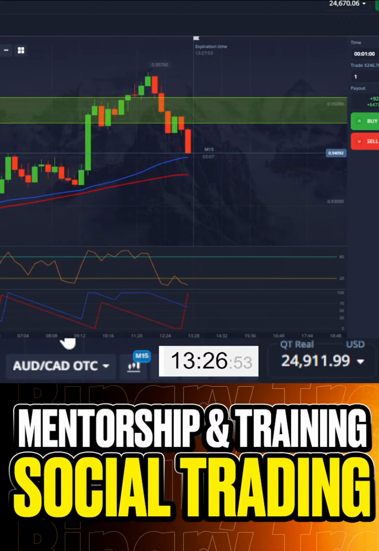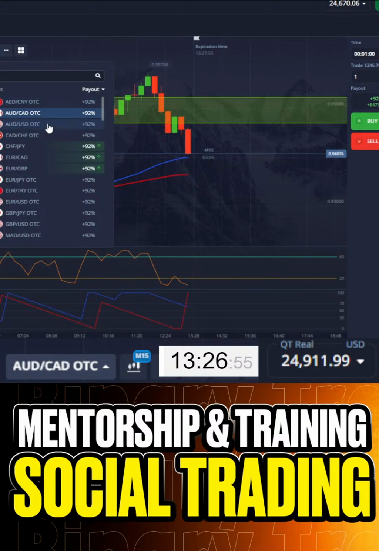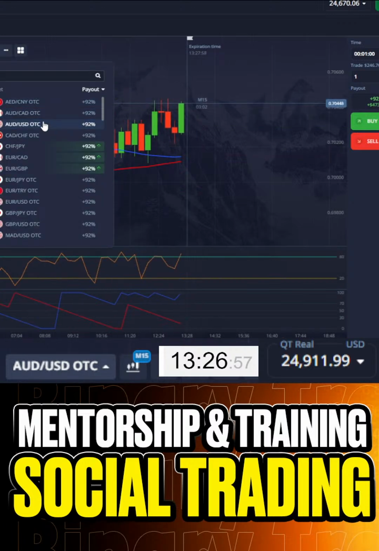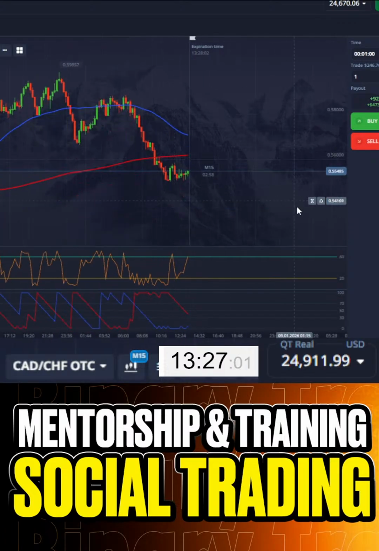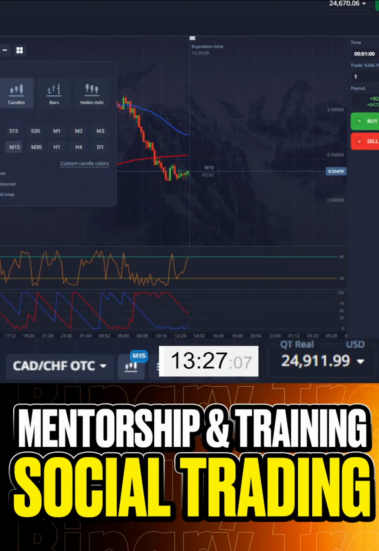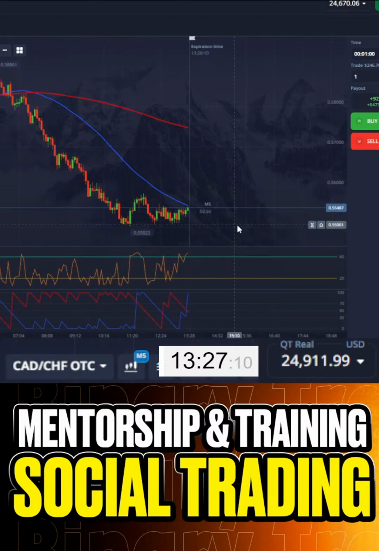M15, the same. No, it's not a good situation. What is this? We traded here and we see that M15 is showing that the price needs to go up and needs to break this level. That's why we are in a trend.